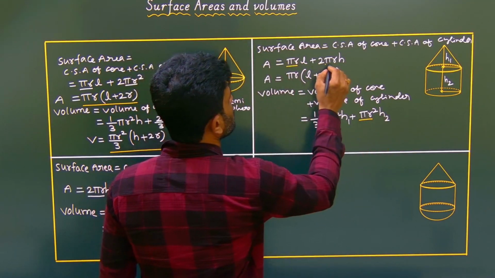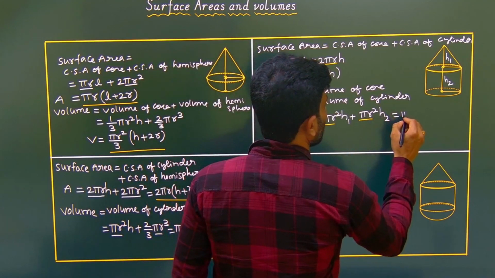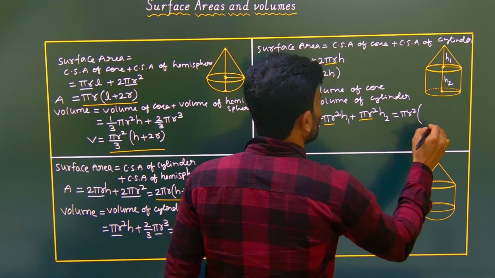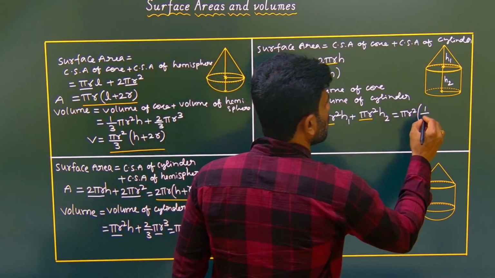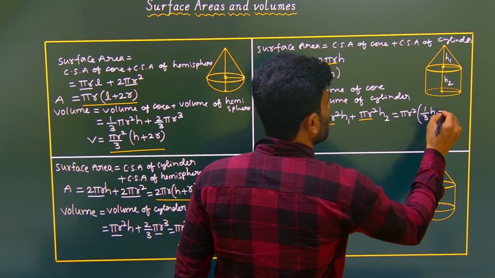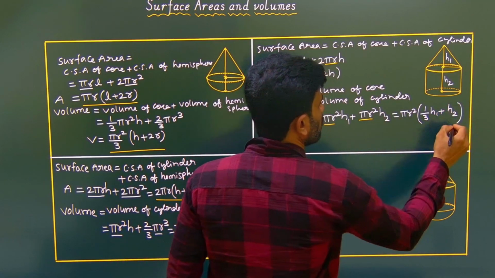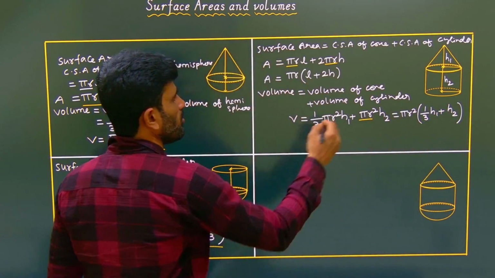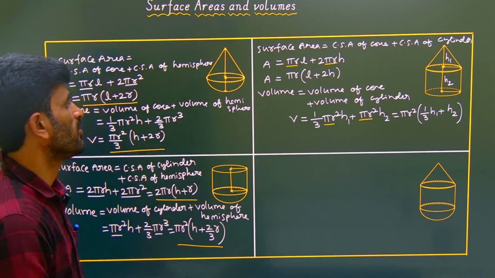If we take pi r square common, what will be left? Pi r square into 1 by 3 h1 plus h2. By using this formula, we can find the volume of that solid.